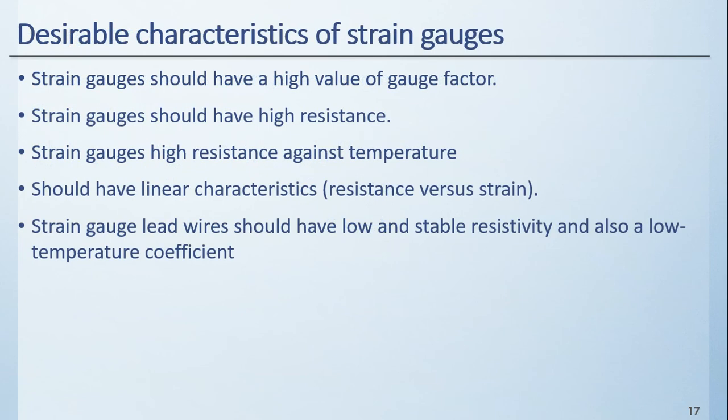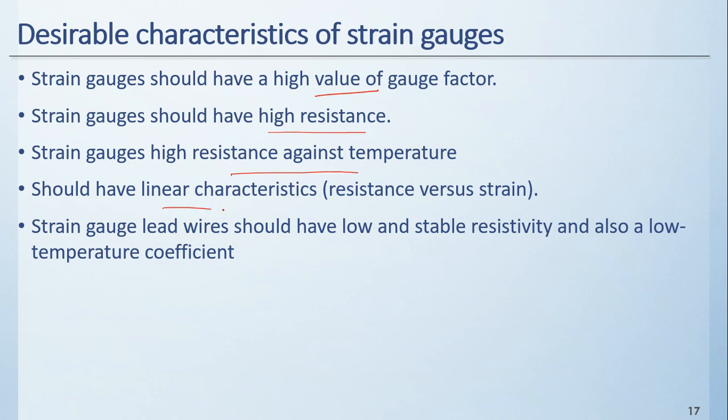So, the desirable characteristics of a strain gauge are asked here. This is also a 3 mark question for you. It must have a higher value of gauge factor. It should have high resistance. It must be resistant against temperature, because temperature losses must not be there.